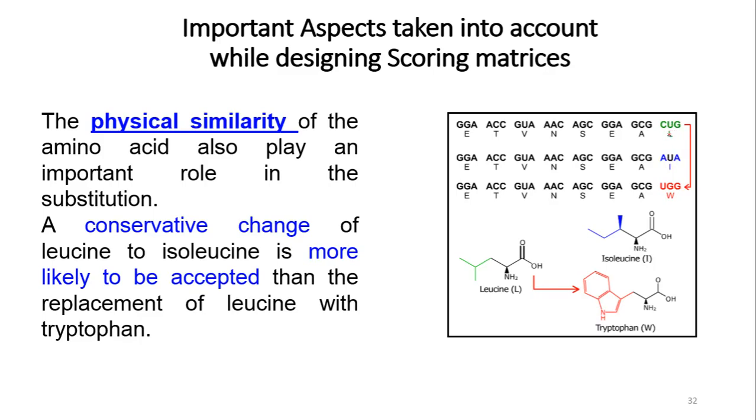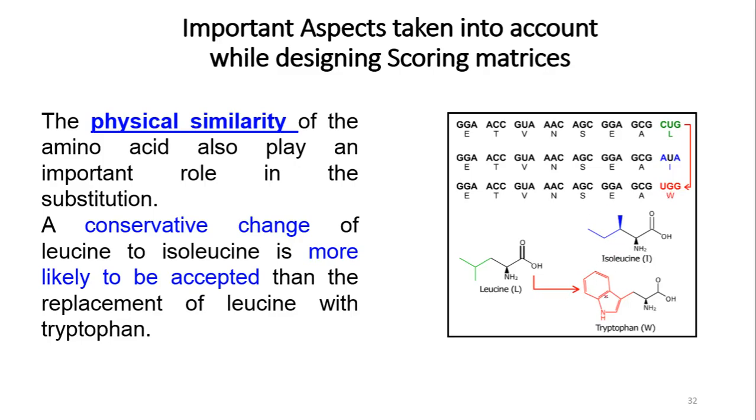If leucine is substituted by isoleucine, both amino acid residues have similar physicochemical properties. It is more likely that this substitution would be selected by nature in the process of natural selection, as compared to the non-conservative substitution of leucine with tryptophan.